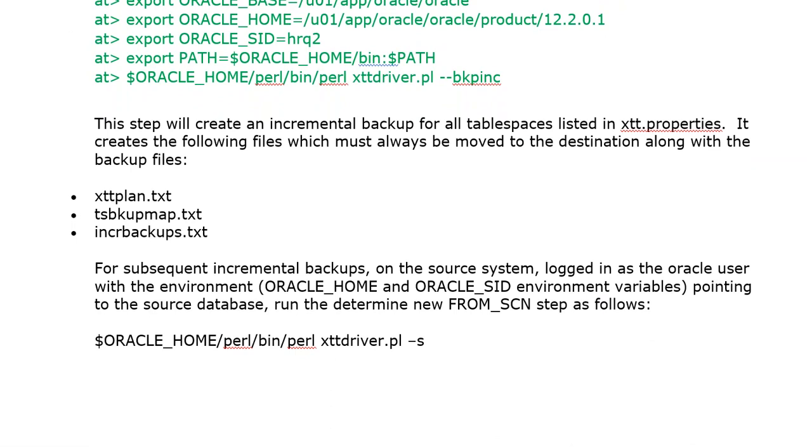As I told you, xttplan.txt contains the SCN number, tablespace, and the corresponding data files. tsbkupmap contains the mapping of backup pieces and their corresponding data files. incrbackups.txt contains simply the name of the backup piece. These three files you have to transfer to the destination location of TMPDIR.